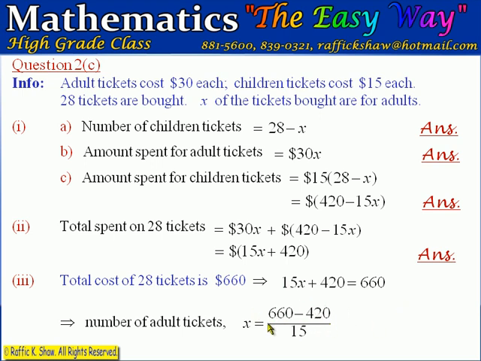That's how we end up with this expression. And when we calculate the numerator and then divide by the 15, we end up with 16. So the number of adult tickets, which is X, is equal to 16. And that's the solution for question 2. And we will do question 3 in another video.